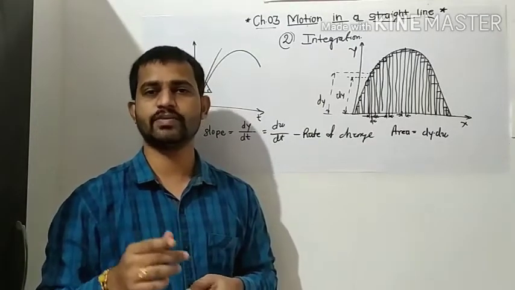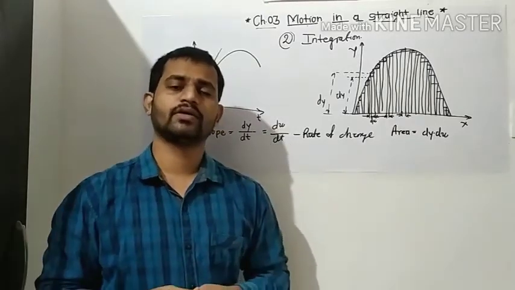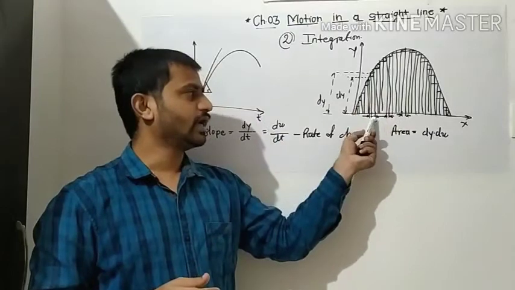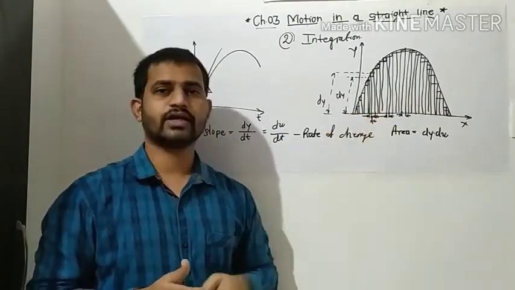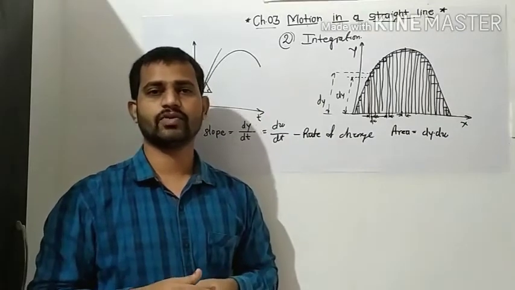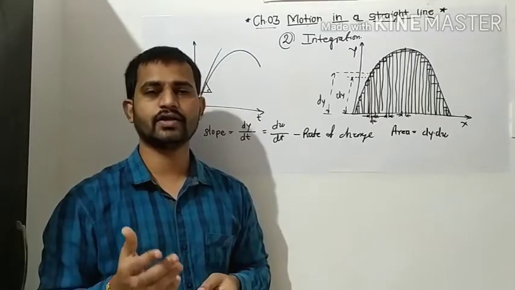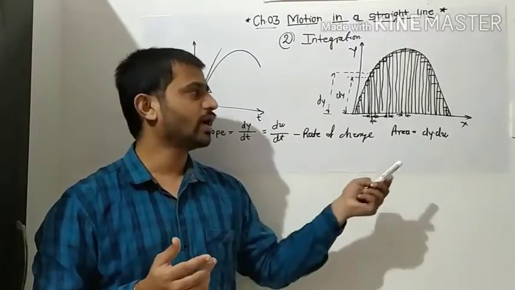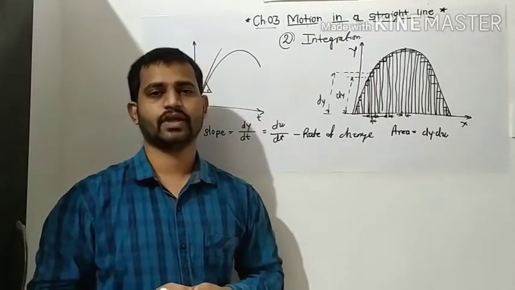So the two processes are combined in integration. The first one is the multiplication, by which we get the area of that particular quantity: we get the area by multiplying the values of the vertical and the horizontal axis. Then when we get the area, we have to add such small areas, and that gives the integration.